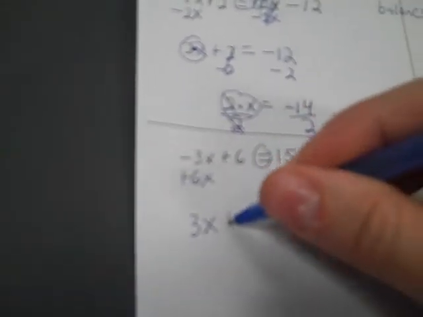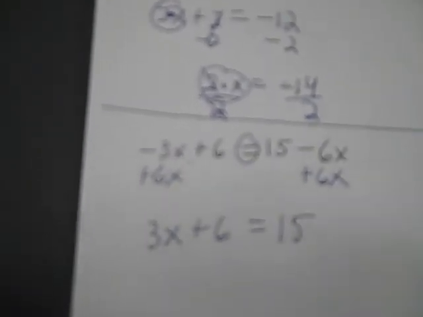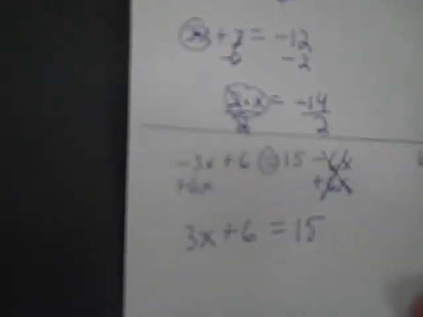Then I have the 6 being added. And then we have 15. Remember, negative 6 plus 6. I know that's a subtraction, but again, when you're doing your adding, you need to think of that as a negative. So 1, 2, 3, 4, 5, 6, 0, so get rid of it. Okay, so again, x is being multiplied by 3.